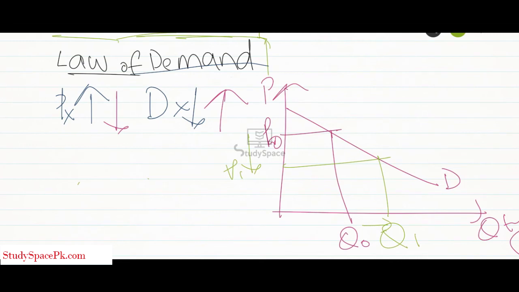Right? And this also goes the other way around. If the price increases from P1 to P naught, then the quantity would decrease from Q1 to Q naught. So this law of demand states the relationship between one of the most prime factors that affect the quantity demanded of a product and the demand of the product. Right? And this also drives the demand curve for the product.